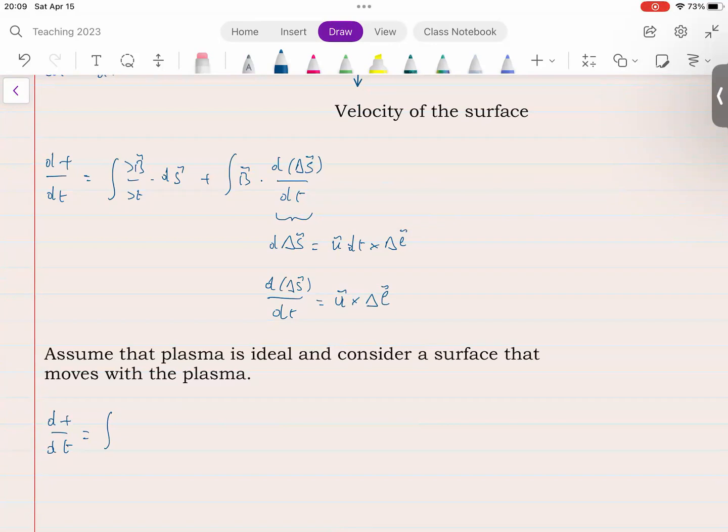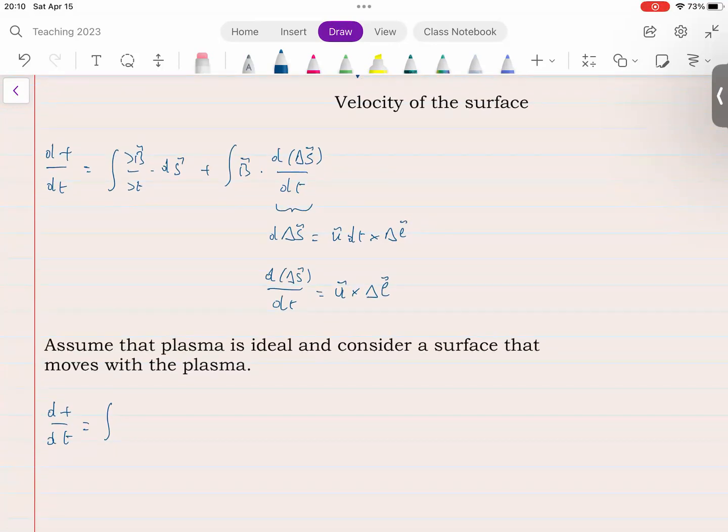And I'm going to use Stokes' theorem and turn this into u cross B dot dl. And the other piece is going to give me the integral of B dot u cross dl. And we're done because these are equal and opposite.